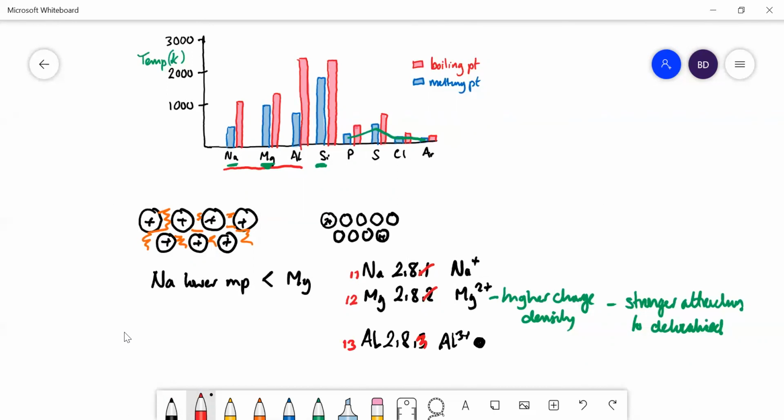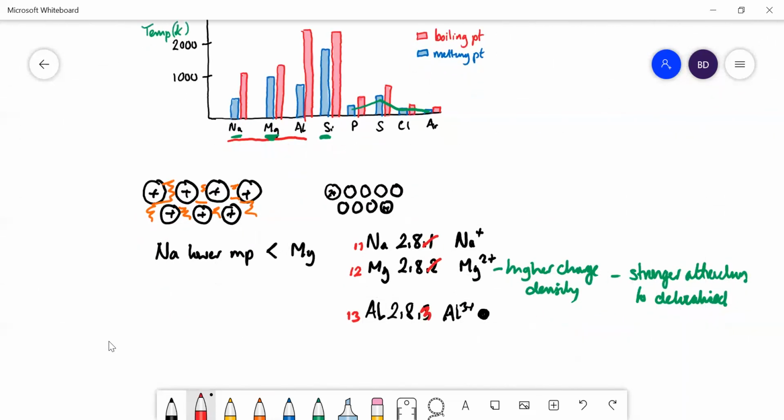Don't worry about that. You're not expected to know that, but you are expected to know why sodium has a lower melting point than magnesium: both are metallic lattices, with a higher charge density on the magnesium ion.